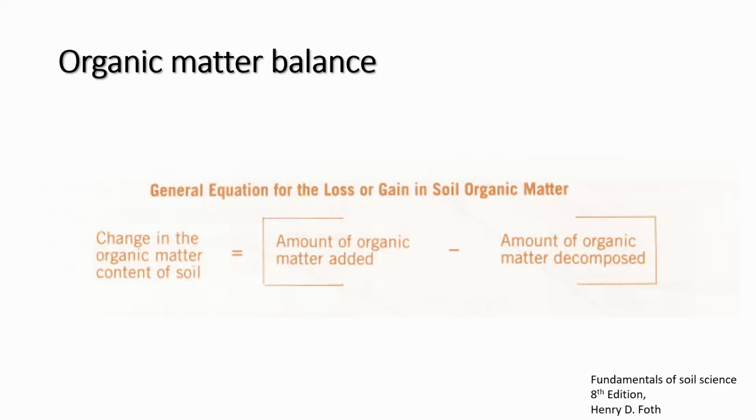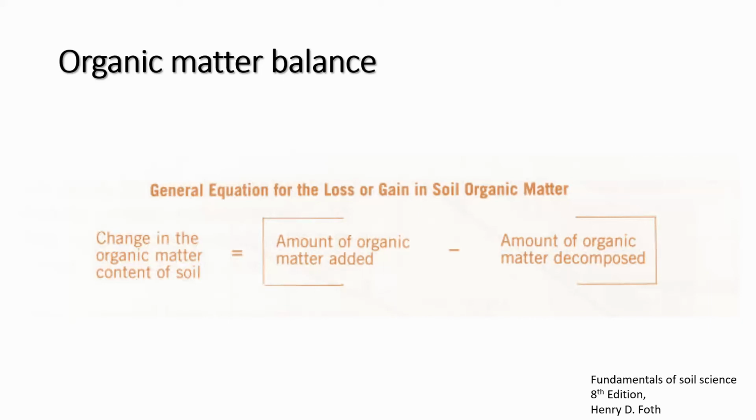So how much you are adding, minus how much is going to be decomposed in a specific time, and suppose we say the time is 1 year. How much organic matter you are adding within the soil, how much is going to be depleted or decomposed in the soil over 1 year.